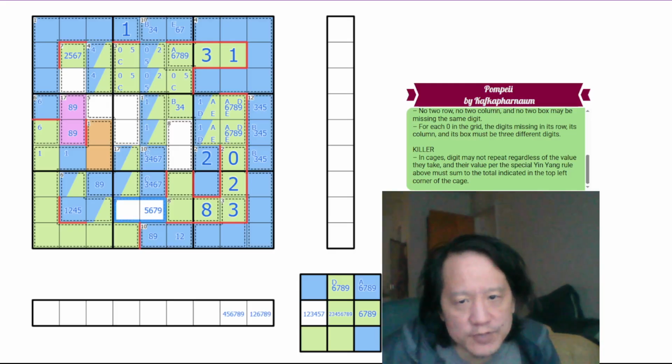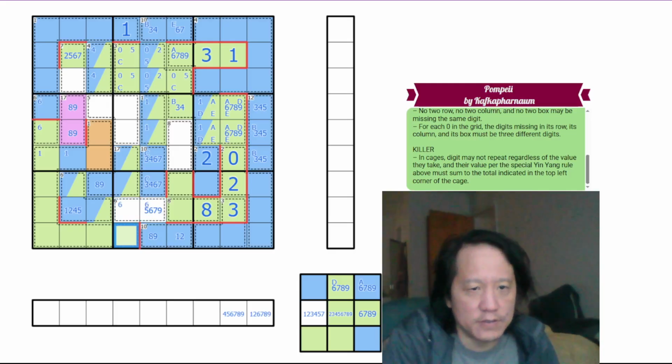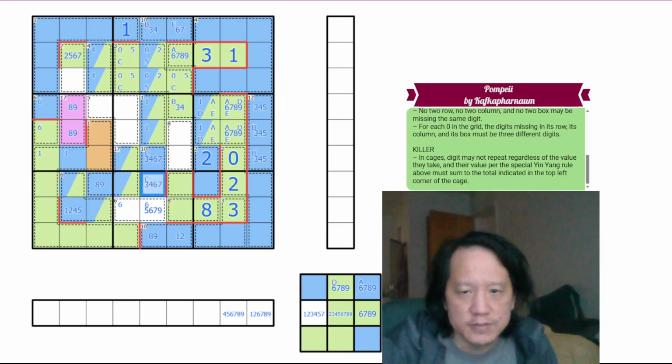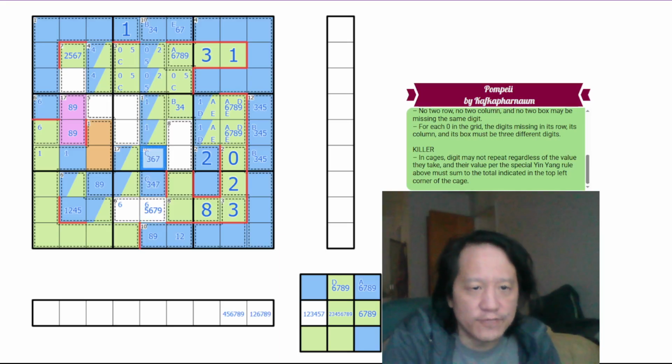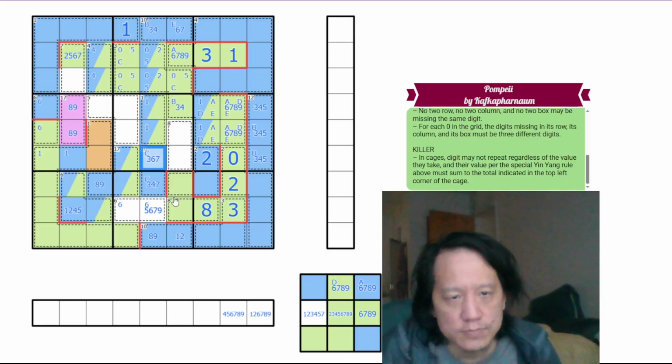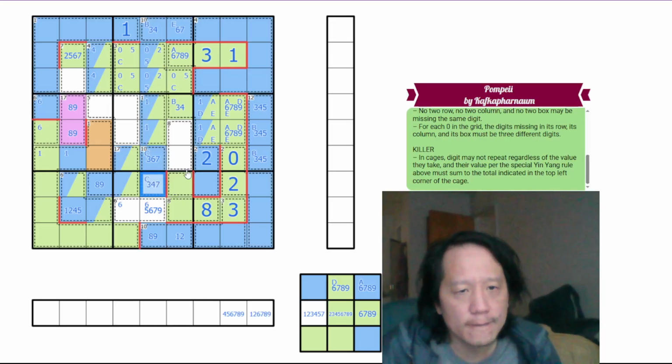So we have to have a 6 here. Which means this cannot be 6. So this cannot be 4 here. Obviously this can't be 3 or 4.